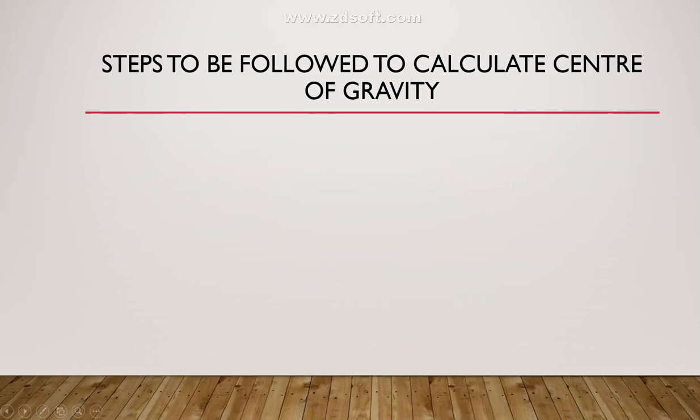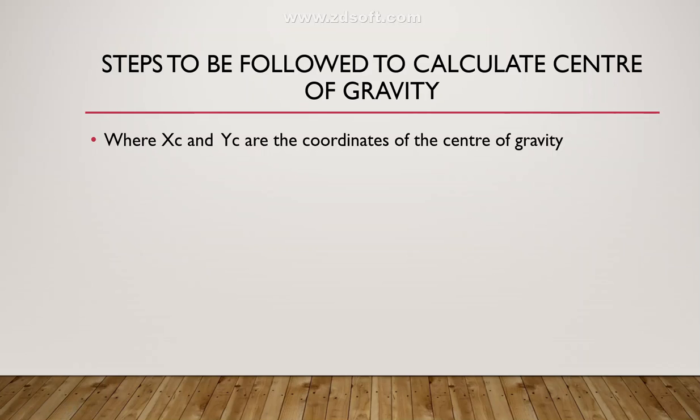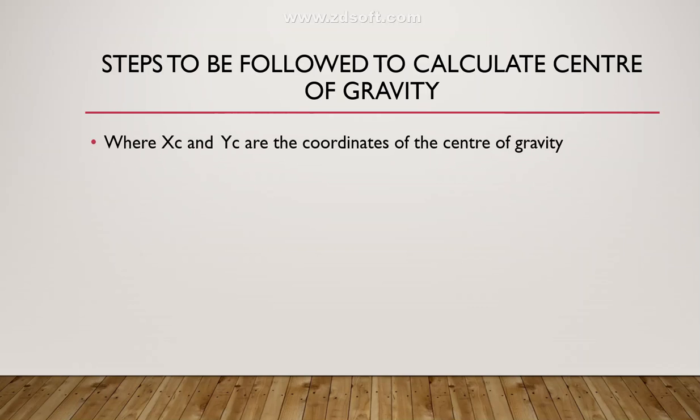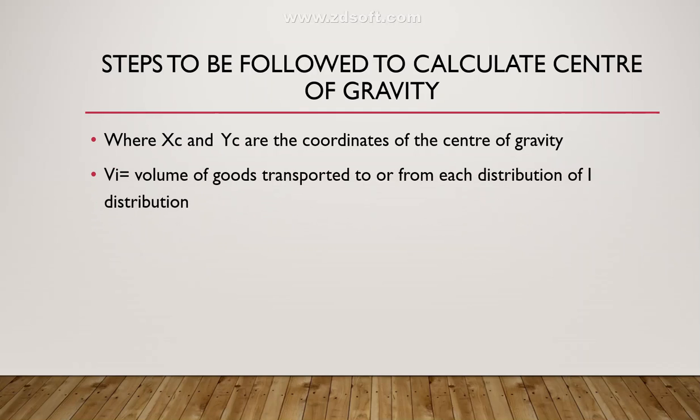So let's see what the terms in this formula are. xc and yc are the coordinates of the center of gravity. Vi is the volume of goods transported to or from each distribution location i.